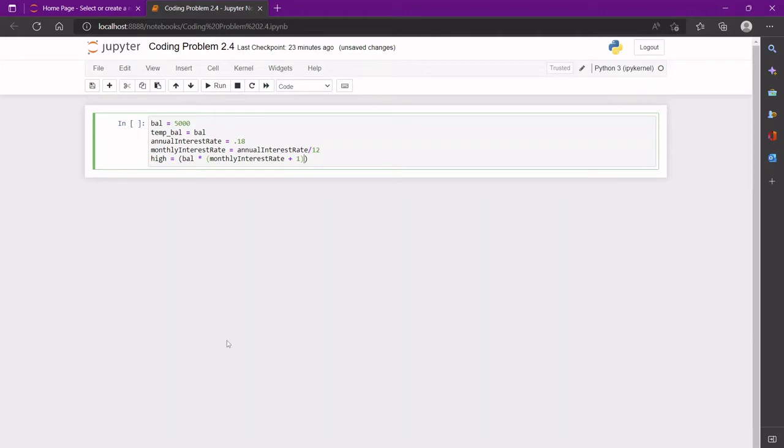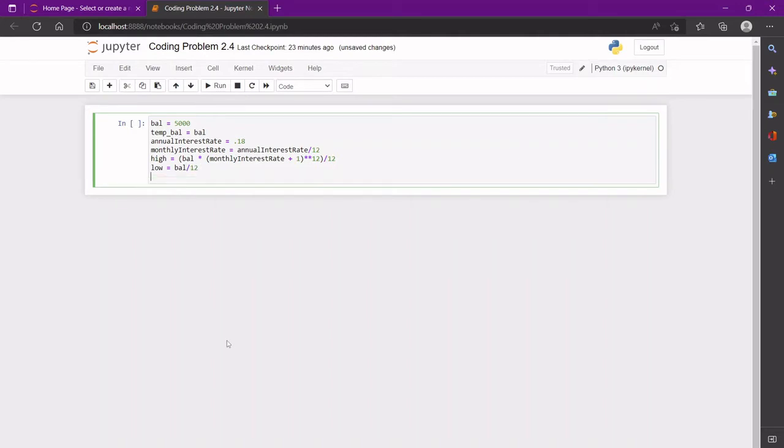And then we're going to get that to the power of 12 and then divide that by 12. Our low is going to equal the balance divided by 12. And then we want a small number, so we're going to use epsilon and put that as 1%. And we're going to have our minimum pay, which is going to equal our high plus our low, divided by 2.